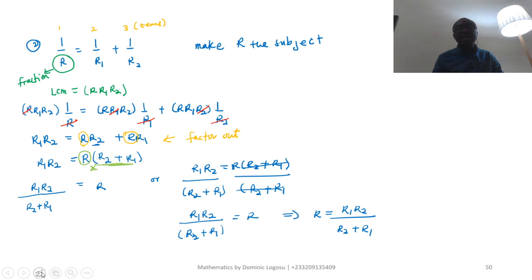R1. Now, carefully, if you have your numerators being 1, 1, 1, 1, you'll notice that the top variables are the same variables that will appear at the denominator, which means the variables in the numerator are the same variables that will appear down here. So you can use this to verify your answer to see if you are doing the right thing.